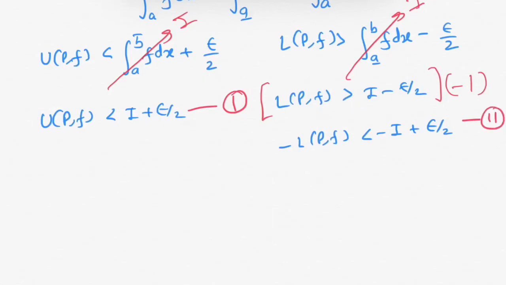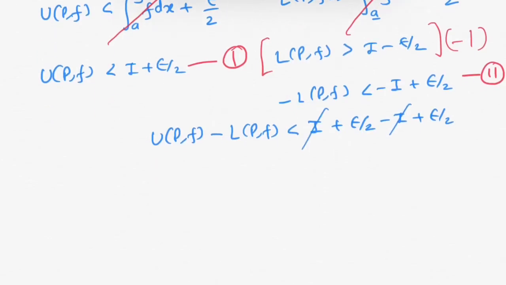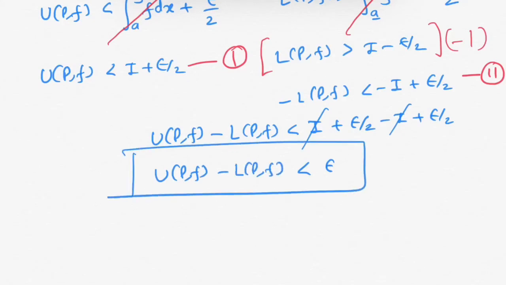Now adding equation number 1 and equation number 2, we have U(P,f) minus L(P,f) less than I plus epsilon over 2 minus I plus epsilon over 2. So this I and minus I cancel out. Now we are left with epsilon by 2 plus epsilon by 2, which equals epsilon. That means U(P,f) minus L(P,f) is less than this epsilon. So this is the relation that we had to prove.